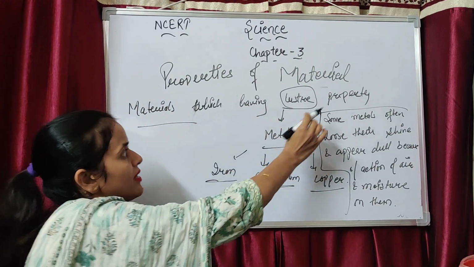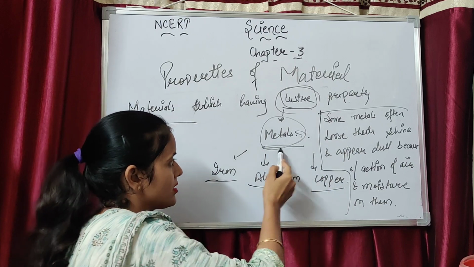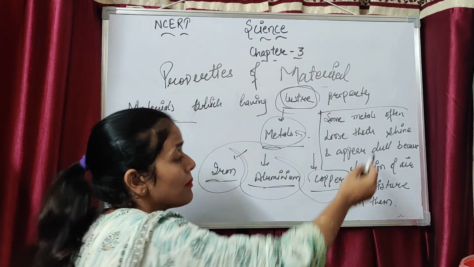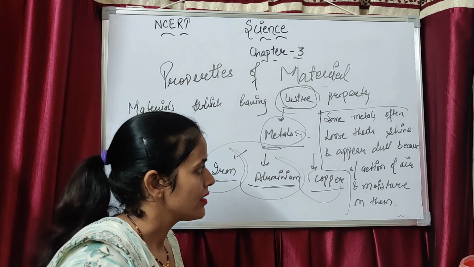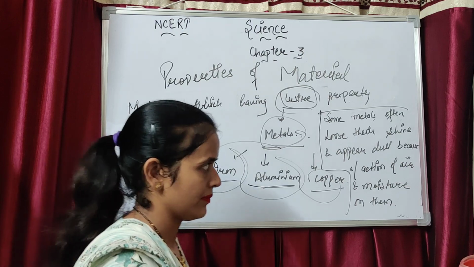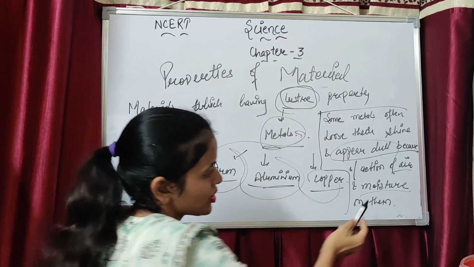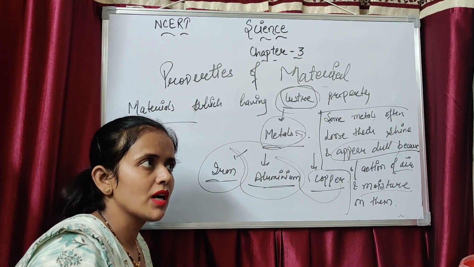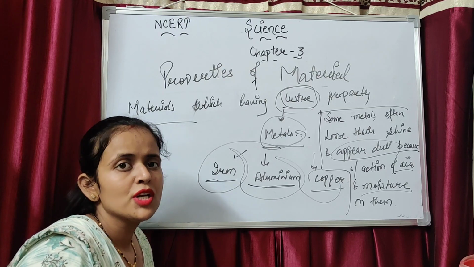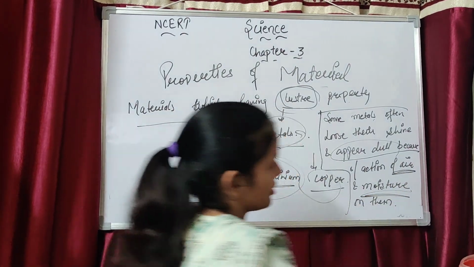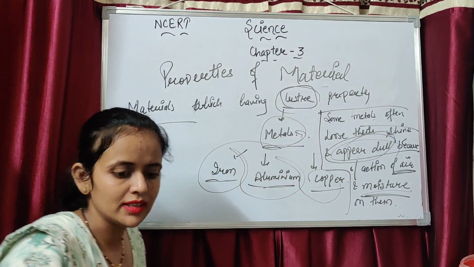Why do they appear dull? Due to the presence of air and moisture. If we put iron in the open ground, there will be rust on the iron due to air and moisture. That's why it will appear dull and lose its shine. Clear?